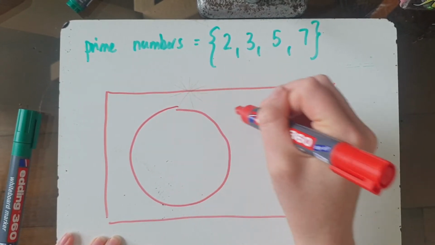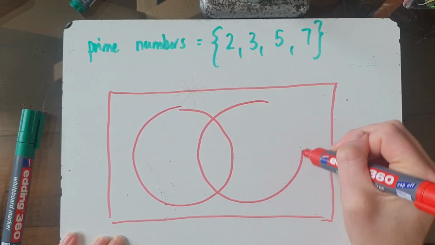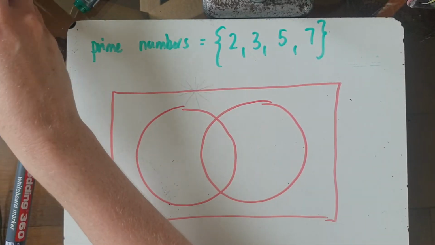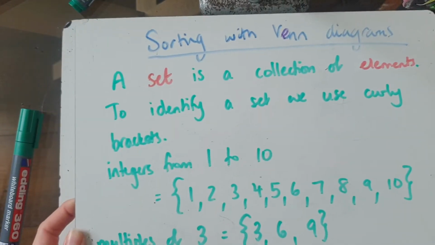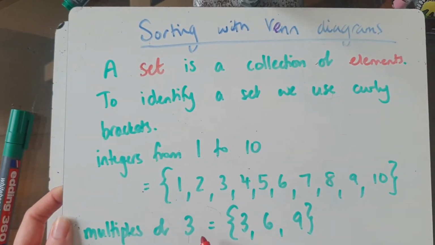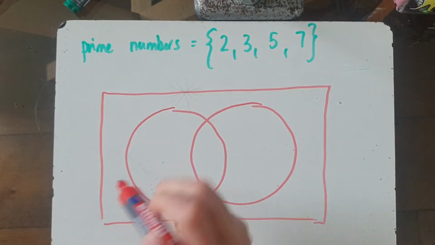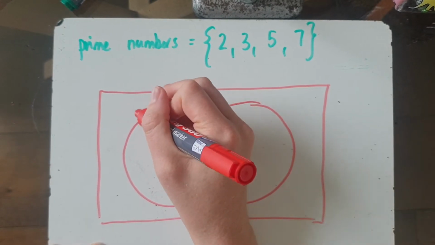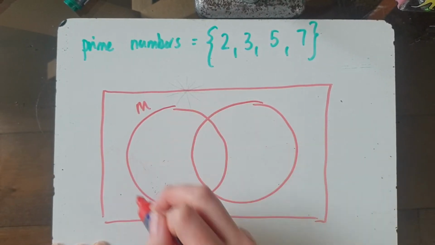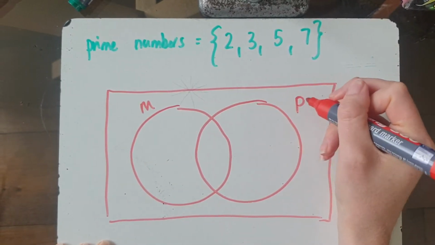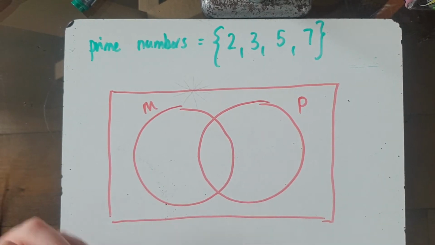We draw a circle for each subgroup or subset. So we need one circle for multiples of 3, and one circle for prime numbers. So I'm going to write M here for multiples of 3 and P here for prime numbers.